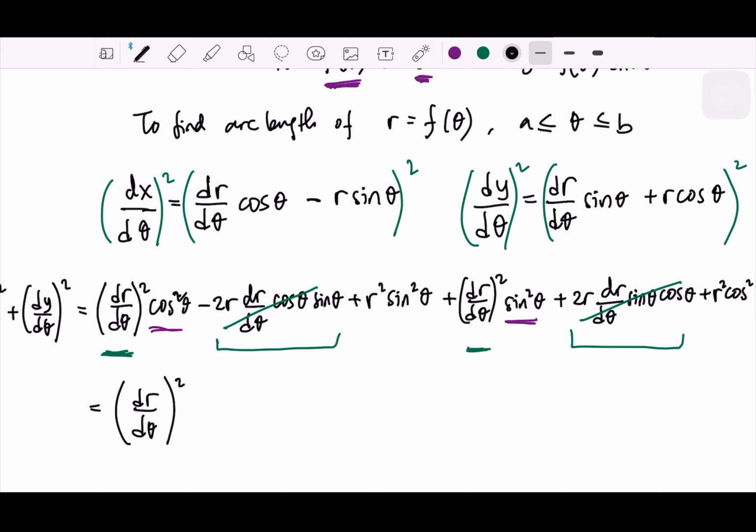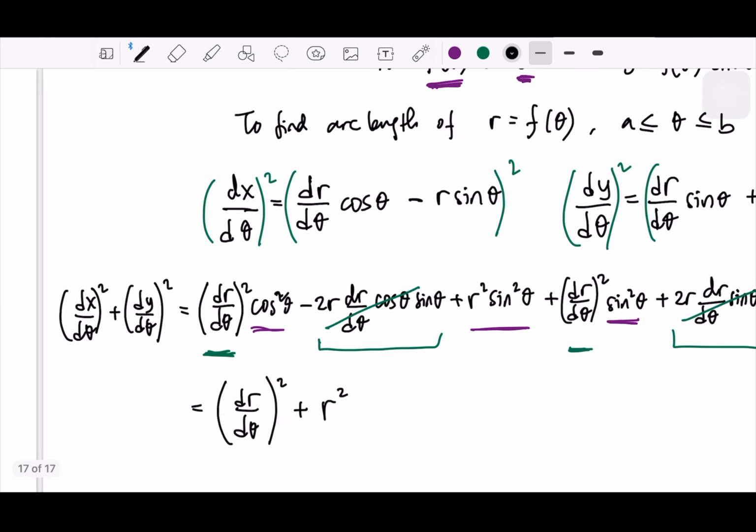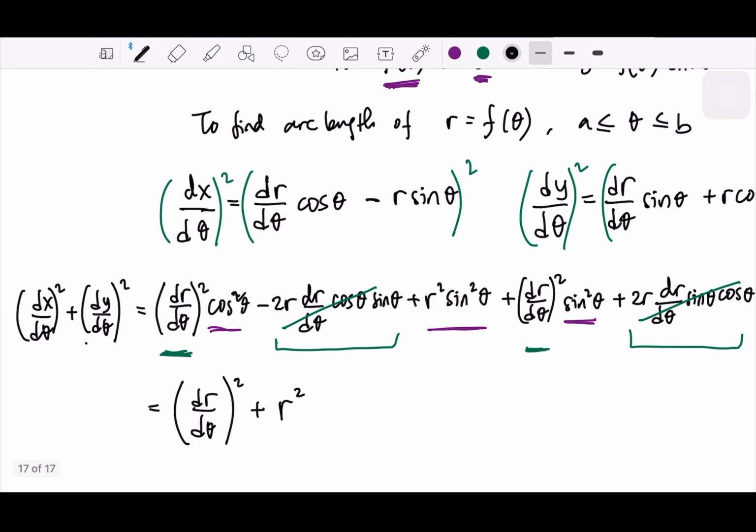And the other one is this one. So we have plus r squared. Okay, so we can simplify these terms, convert into polar, and we have these expressions.